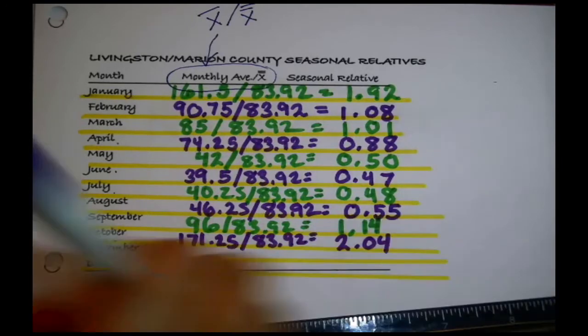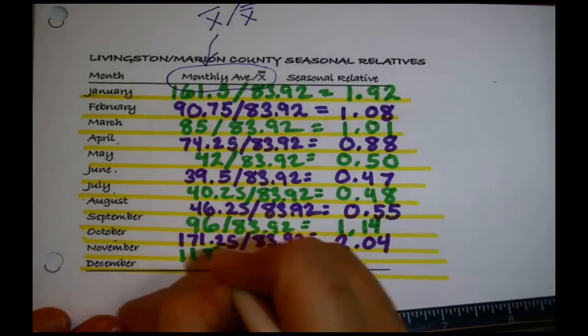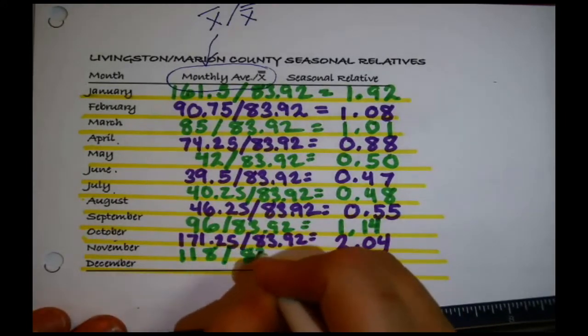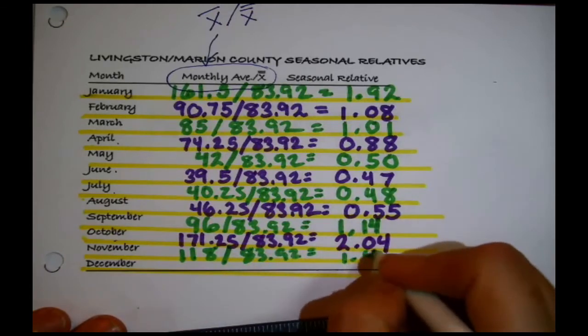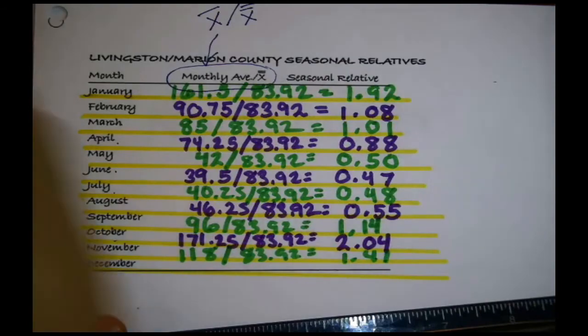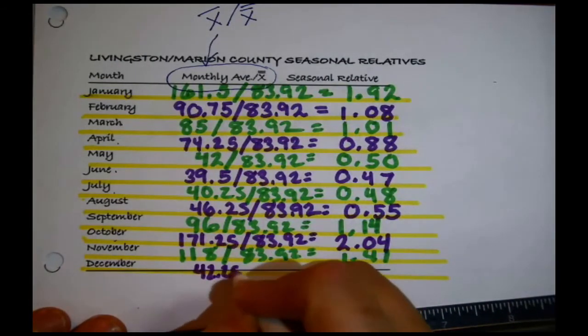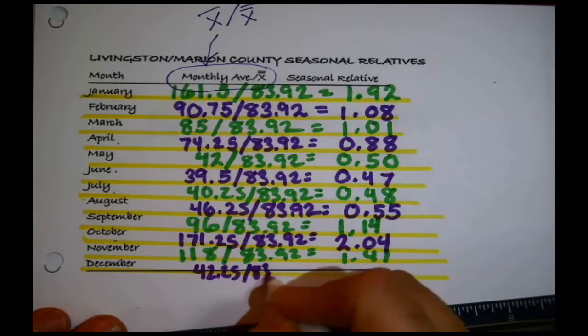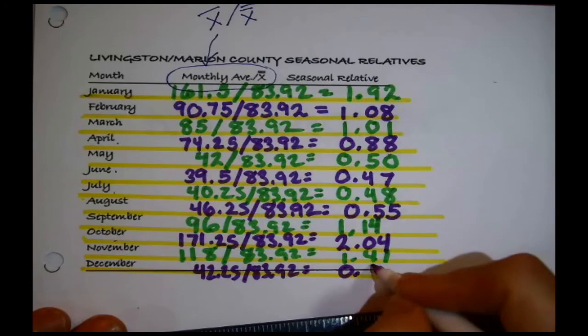That is the seasonal relative. For November, 118 divided by 83.92. I get 1.41. And then for December, 42.25 divided by 83.92. I get 0.50 again.